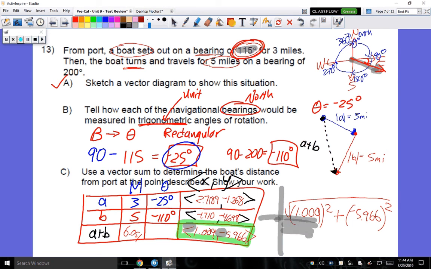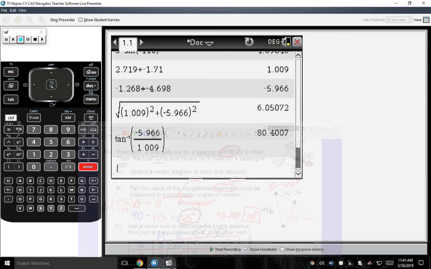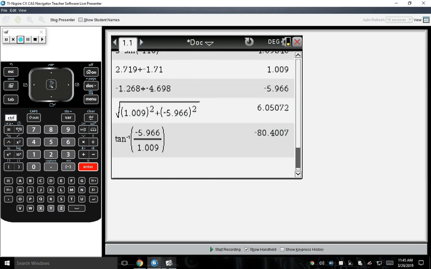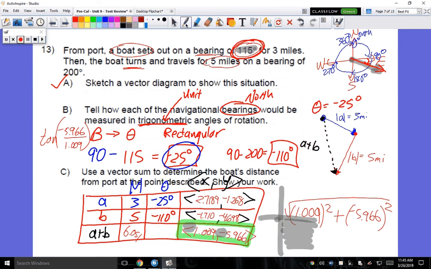And now we're going to do the arctangent of a positive x, negative y, which means it is in the fourth quadrant. So whatever it is, we're not going to add 180. We're just going to see what we get as far as an answer: the negative y value over the positive x value. Let's see what we get in our calculator. We have the arctangent of negative 5.966 over the 1.009, and we get negative 80.401 degrees.